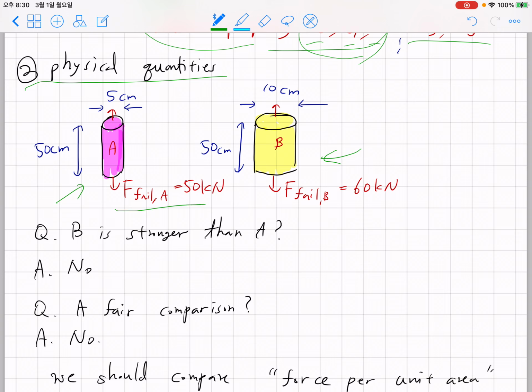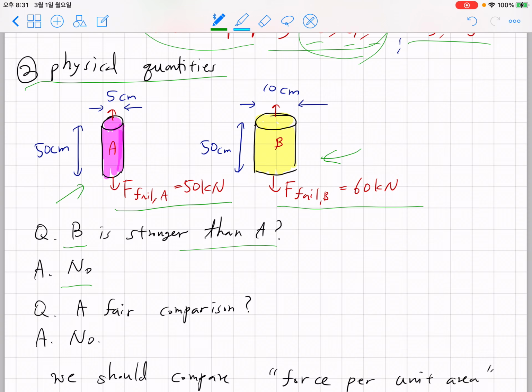After this tension experiment, we found that cylinder A failed at 50 kilonewtons, but cylinder B failed at 60 kilonewtons. So we found that the failure force for cylinder B is larger than the failure force for cylinder A. But let me ask you this question: is material B stronger than A? I'm talking about the material itself. If somebody asks, is cylinder B stronger than cylinder A? Yeah, we can say yes. But if somebody asks if material B is stronger than material A, we would say of course not.